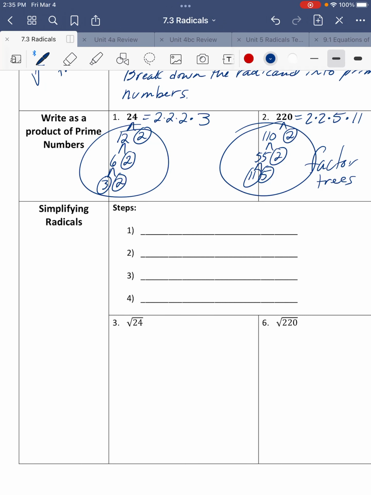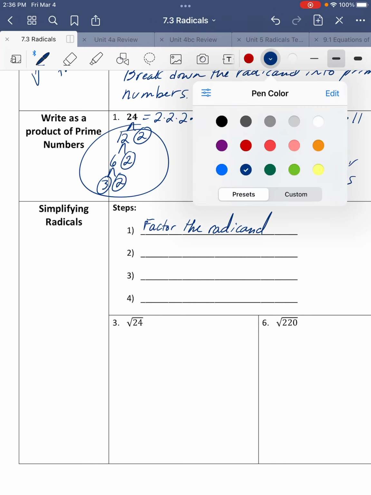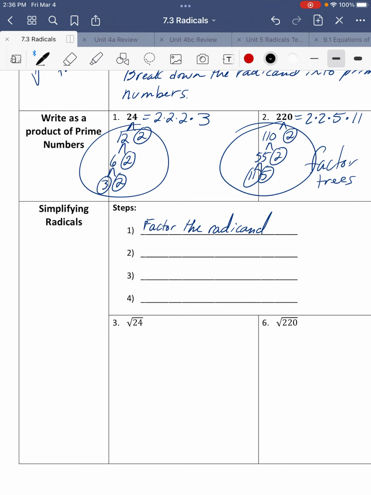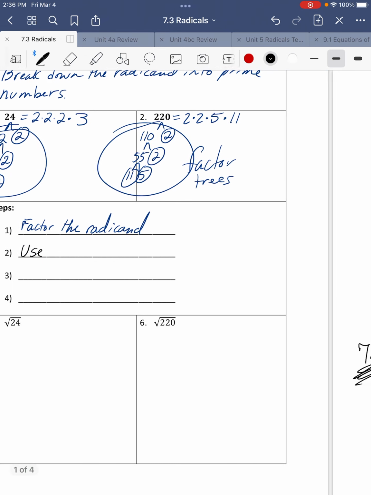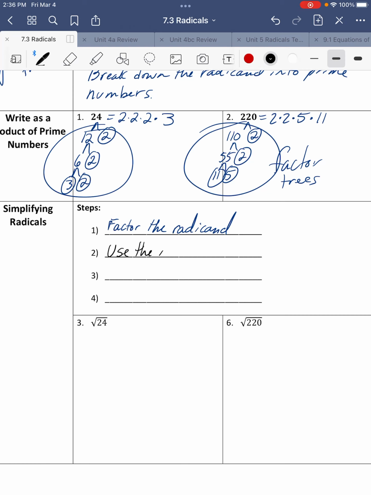All right, so let's get these steps down. Step number 1 is you're going to have to factor the radicand, the number under the radical. Step 2 is we are going to use the index to determine how to group the factors.